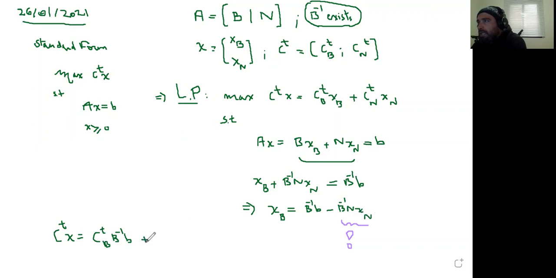And plus, with respect to XN, I'm going to have CN transpose minus CB transpose B minus 1 N, all multiplying XN. And this would also be very useful information to us.